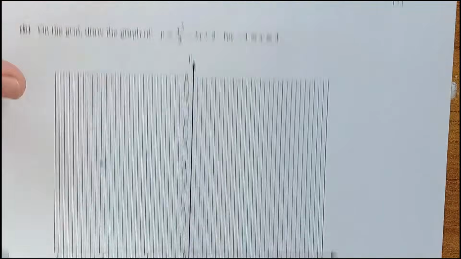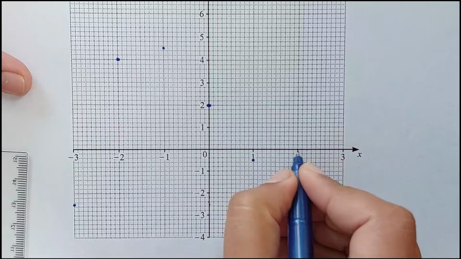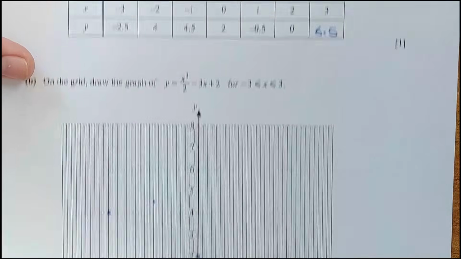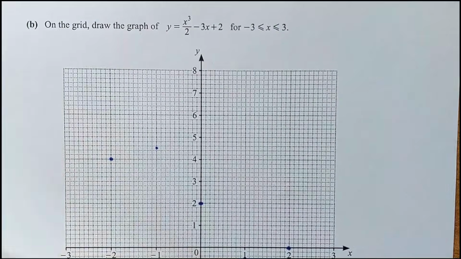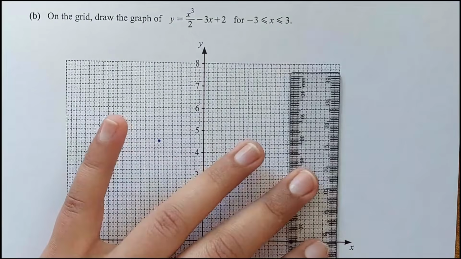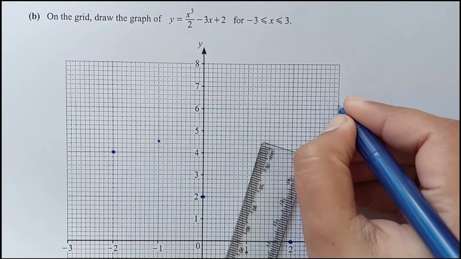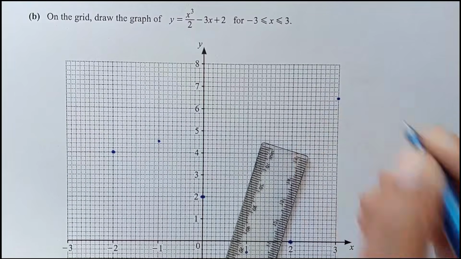Yes. Okay, when x is 2, y value is 0. When x is 2, y is 0, this point. And the last point, when x is 3, y is 6.5. At x is 3, it's at the top. Okay, we have 3. This point is 6, 6.2, 4 and 6.5.